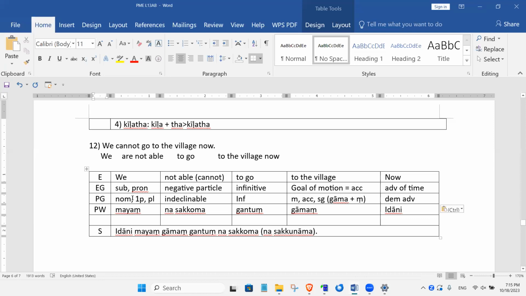Okay. So we are not able to go to the village now. This is in English. In Pali, idani, put the time first, then the subject mayam, gamam, to the village, gantum, not able to go, na sakoma.